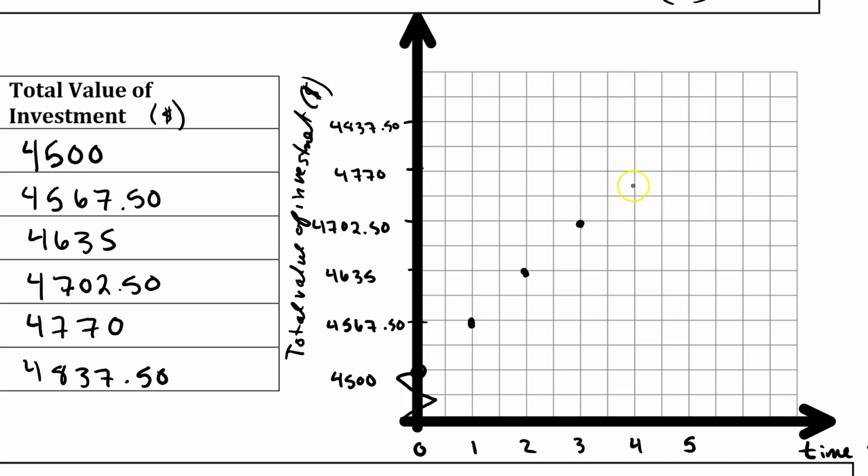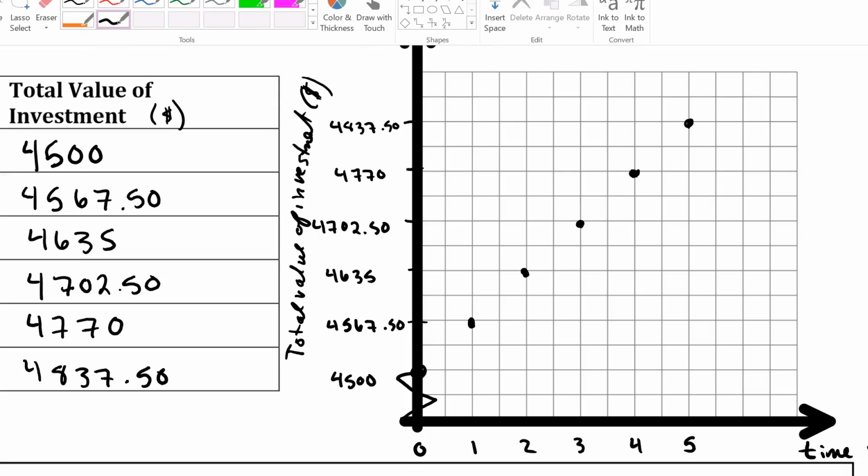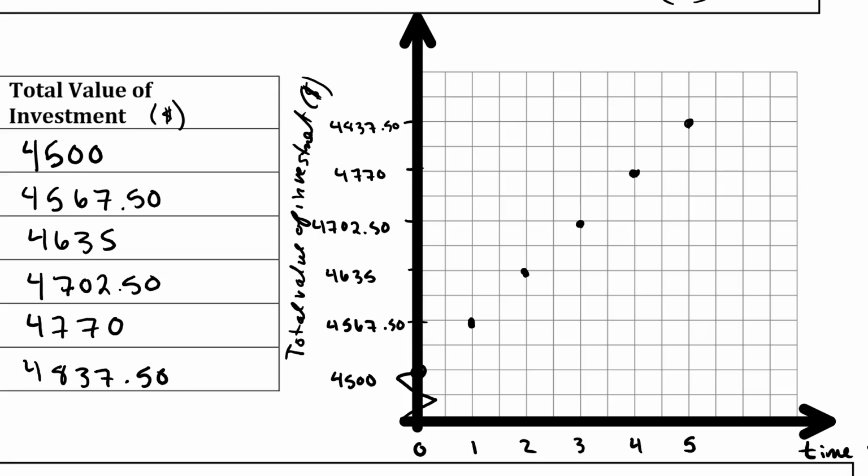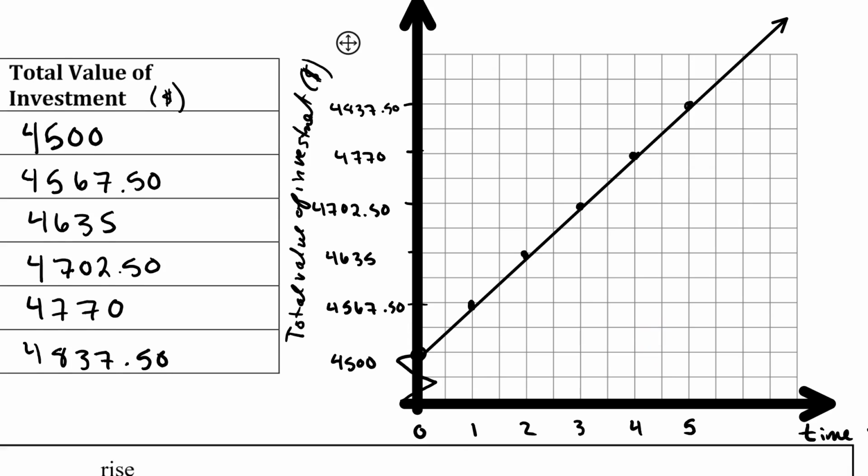And then this one right here is our last data point. Now I'm going to draw a line through all of these, and they should lie perfectly on a line, and they do. Isn't that lovely? So you'll notice that it's a linear relationship. For every 1 year, we know that it goes up 67.50.